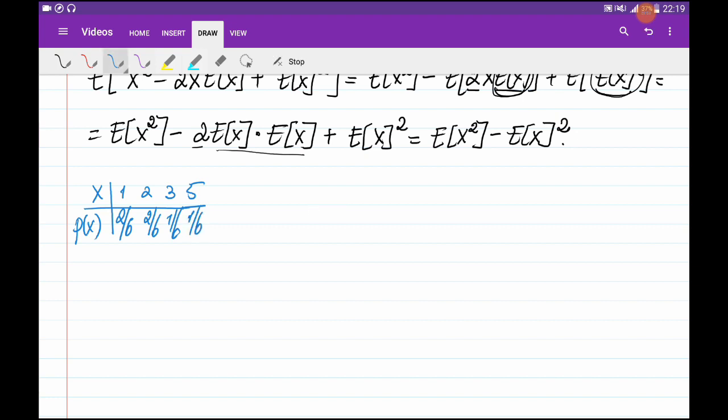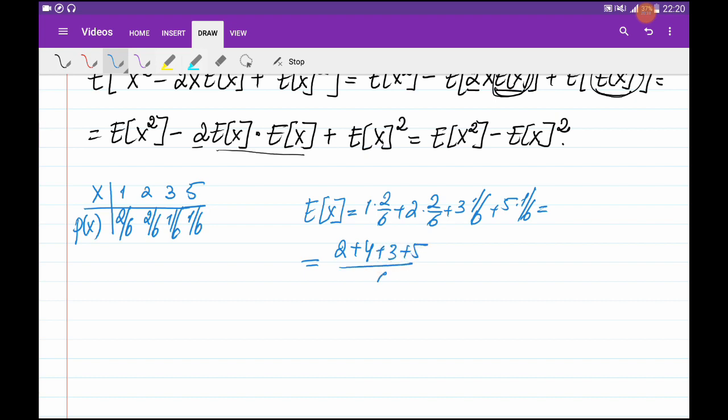So the expectation of x is 1 multiplied by 2 over 6, plus 2 multiplied by 2 over 6, plus 3 multiplied by 1 over 6, plus 5 multiplied by 1 over 6. By calculating this, we get 2 plus 4 plus 3 plus 5 over 6, which is equal to 14 over 6, or 7 over 3, right?